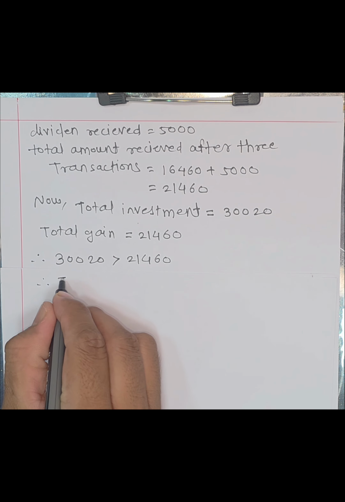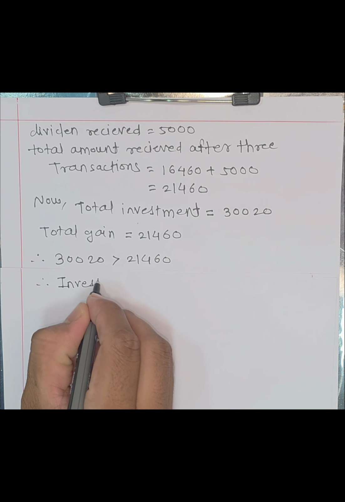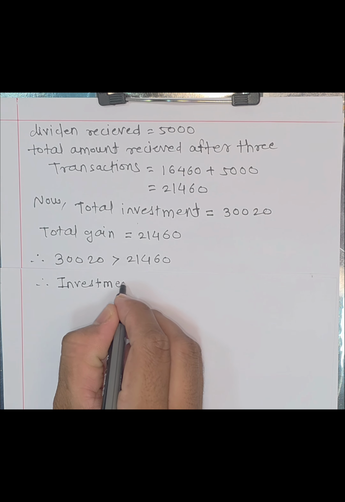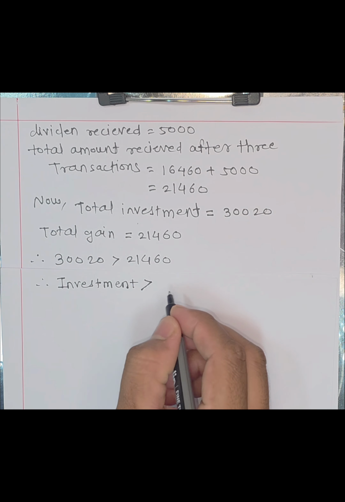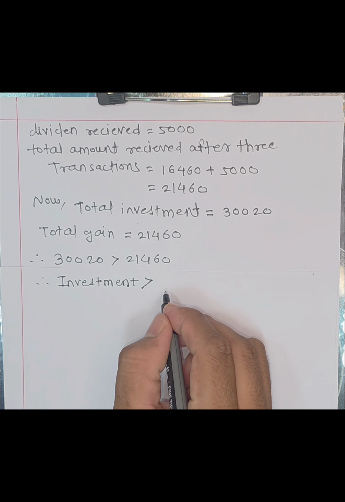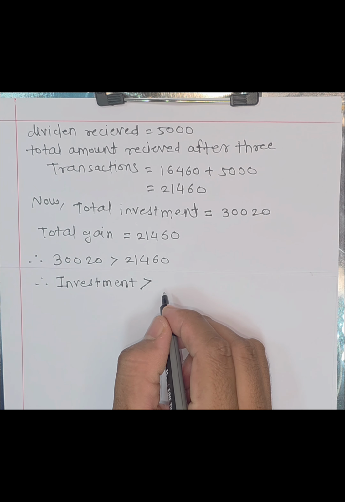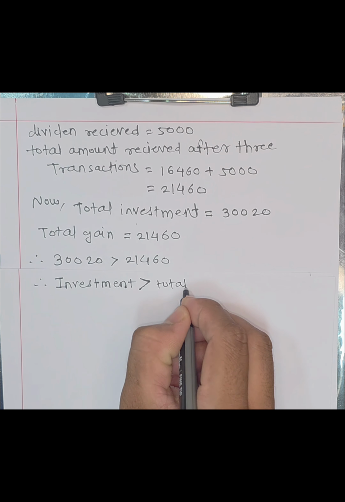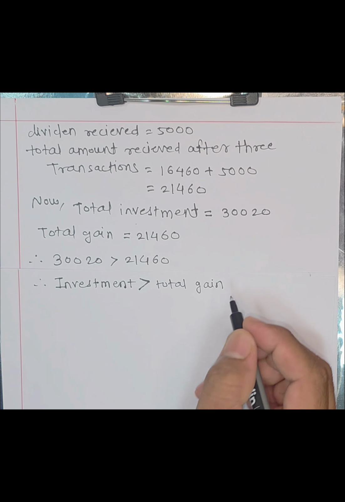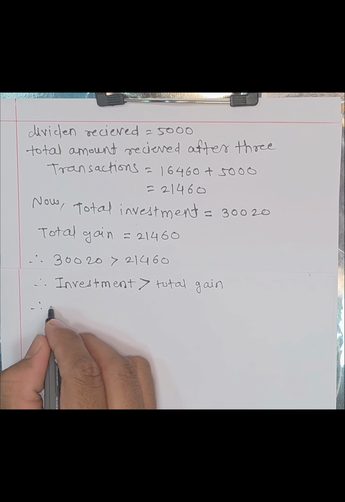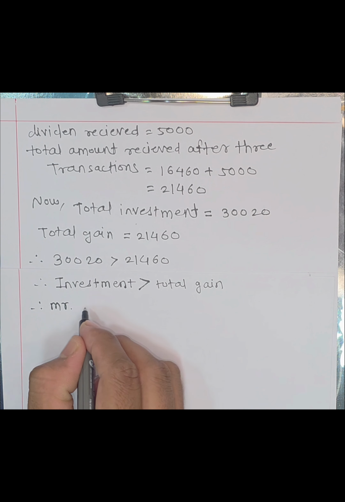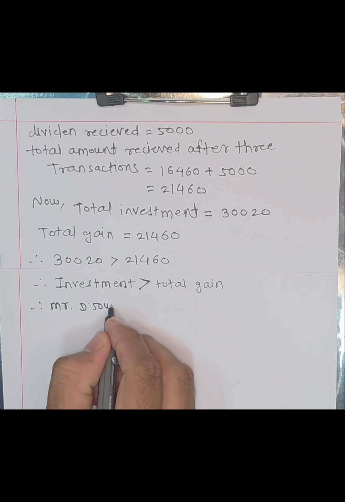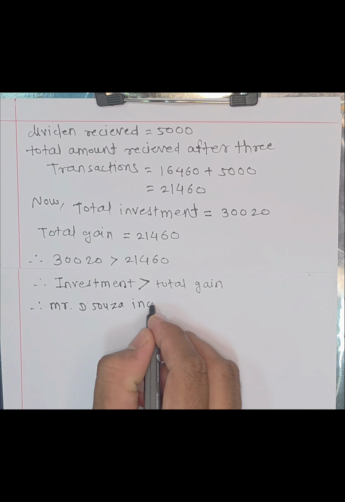That means investment is greater than total gain. That means the total amount he received after selling 200 shares and receiving 5,000 dividend, that is total gain. But investment is greater than total gain. That is why Mr. D'Souza incurred a loss.